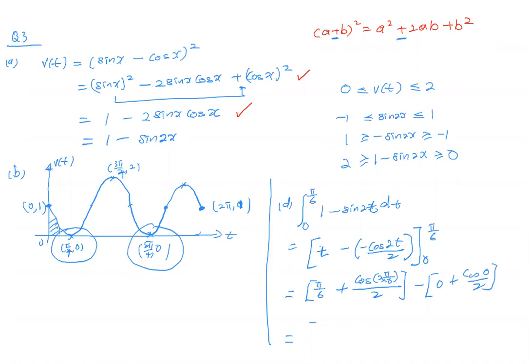Okay, so you got your pi by 6 plus pi by 4. No, sorry, 1 over 4. Yeah, because cos pi by 3 is half. Then take away 1 over 2. So the final answer is pi by 6, take away 1 over 4. This is the exact value. Clear?